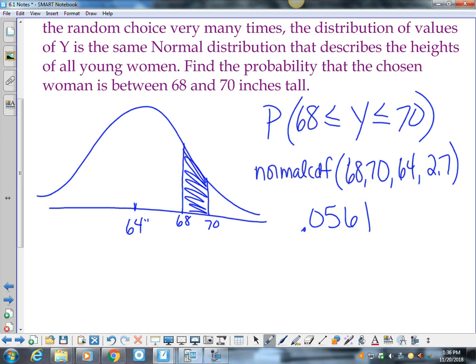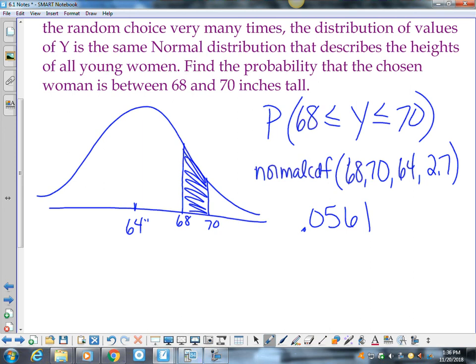So what would your sentence be? There is a 5.61% chance, then go back and state your problem. That a, whoa, back up. That a randomly selected woman, young woman, is between 68 and 70 inches tall?